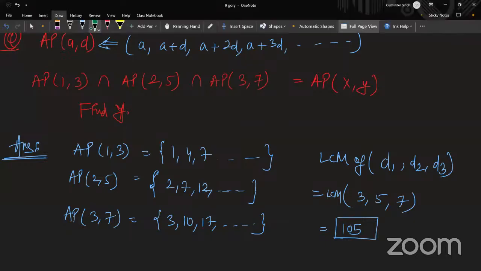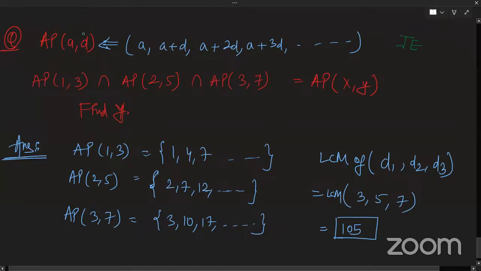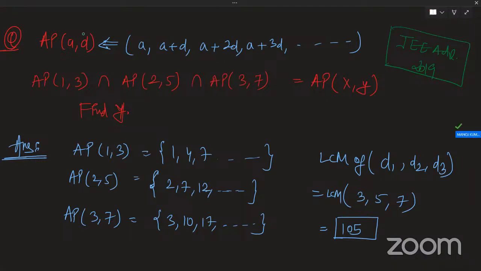So this was a question of JEE Advanced 2019. Has everyone got it? See, just think of it as steps. Three people: the first person is taking steps of length 3, repeating his steps after 3, 3, 3.